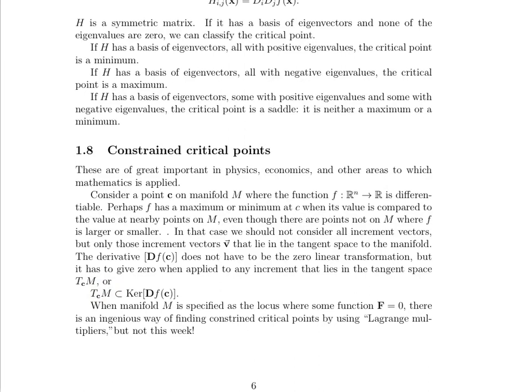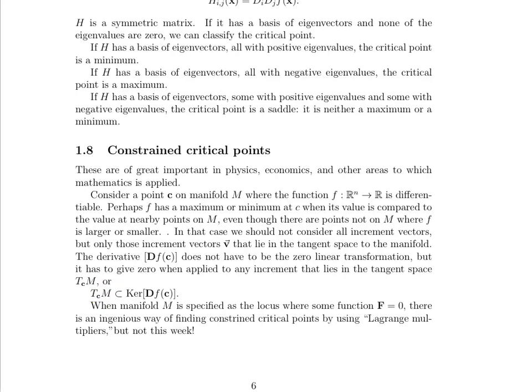So I would say the major issue to take away from this is that what we want to look at when we're talking about constrained optimization is we have a function f. We want to maximize that or minimize that subject to the constraint. The constraint itself is saying the points I want lie on this manifold. They satisfy this particular equation. And so what we're looking at is that we're really only considering the increment vectors that lie in the tangent space to this manifold.